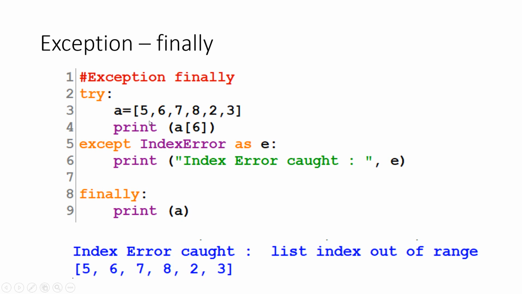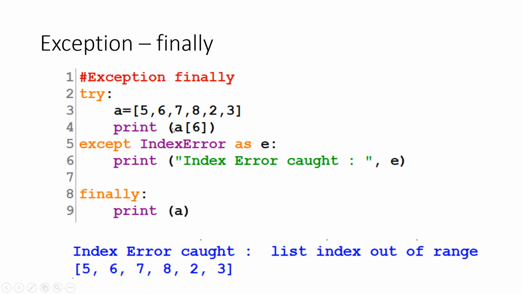In line number 3, we have defined a list A of size 6, having indices from 0 to 5, and the values are 5, 6, 7, 8, 2, 3. Now I want to access a particular element of the list.